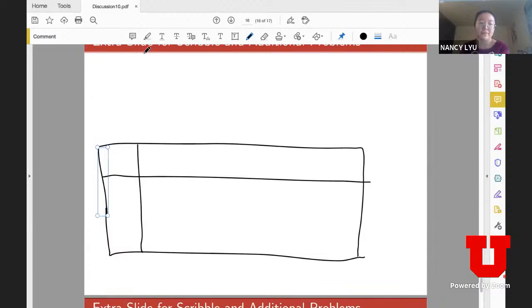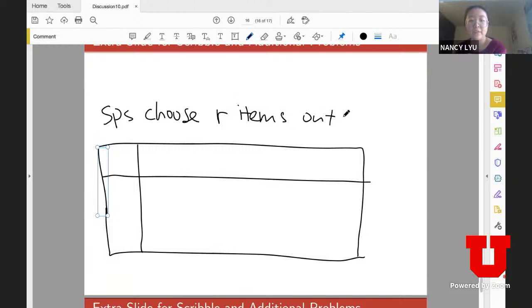Okay. So suppose that we want to choose R items out of N possibilities. And here are your 2 variables, R and N.